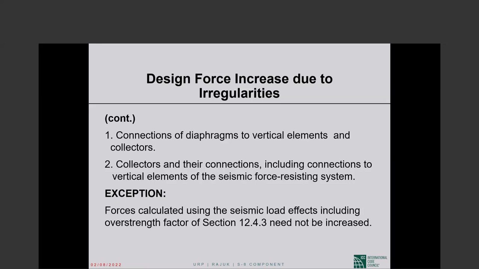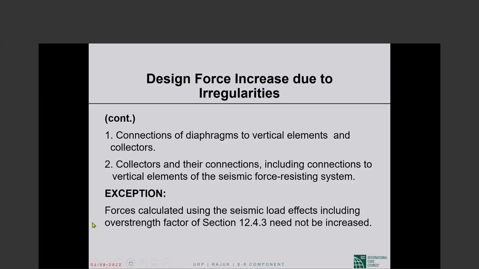And then collectors, the collectors themselves, and their connections, including connections to vertical elements of the seismic force resisting system, the collector to shear wall connection. Now, there is a significant exception: forces calculated using the seismic load effects, including overstrength factor.